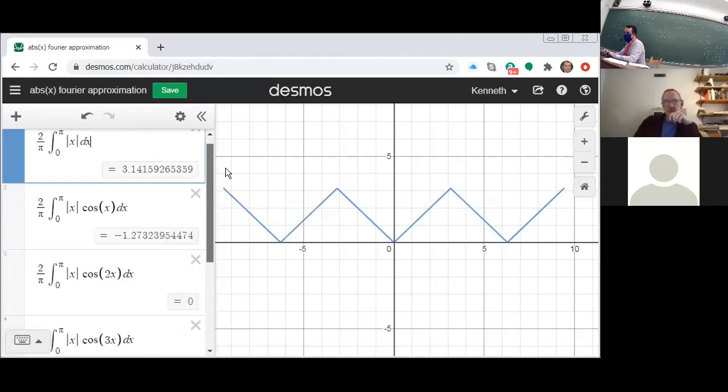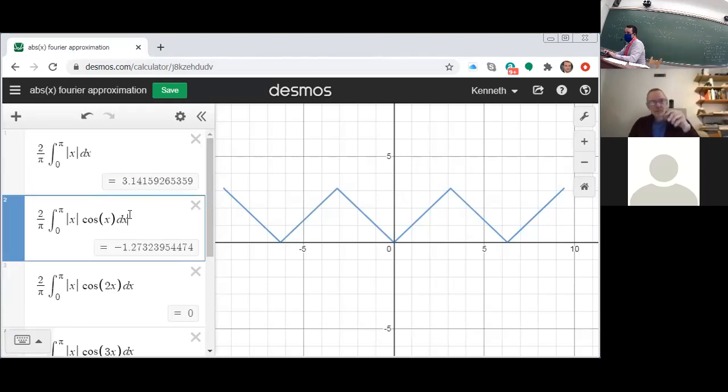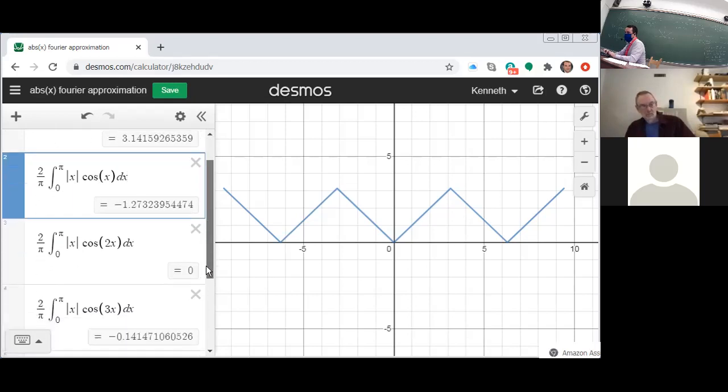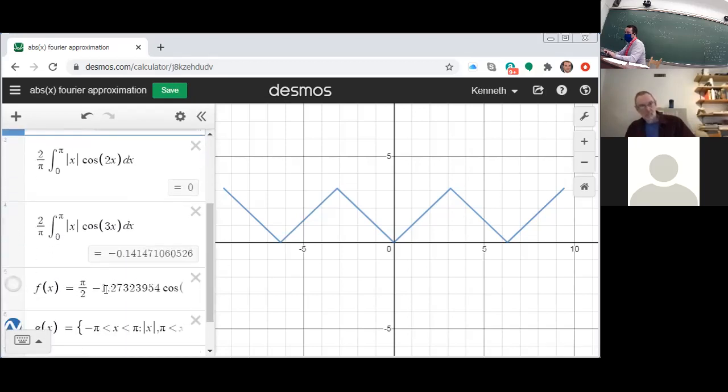What's my second coefficient? The integral from negative pi to pi, but it's even, so I'm doing 2 times the integral from 0 to pi of x times cosine x. Here, this is n pi x over L, but L is equal to pi, so they cancel. I worked out this integral numerically, and there's the approximate numerical answer.